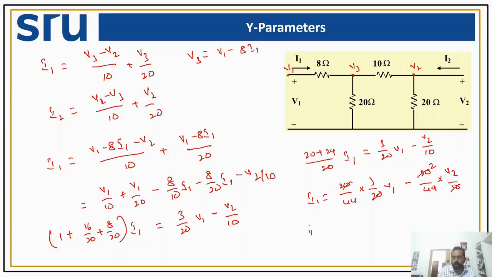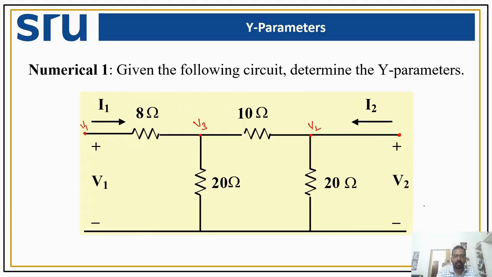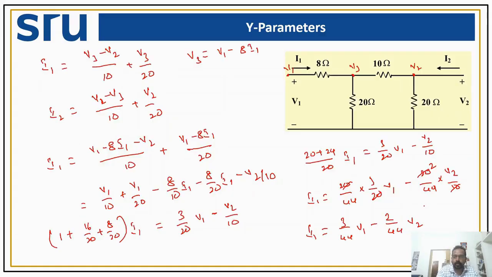So we have I1 equal to 3 by 44 V1 minus 2 by 44 V2. If you observe from the previous slide, we got 3 by 44 and minus 1 by 22, which is nothing but minus 2 by 44. So we got the same answer.